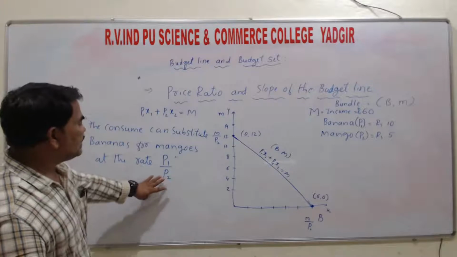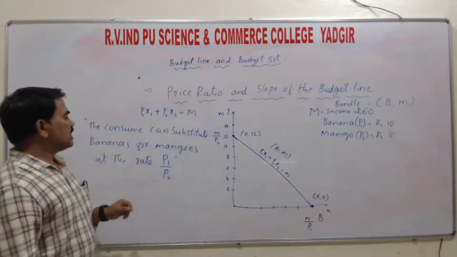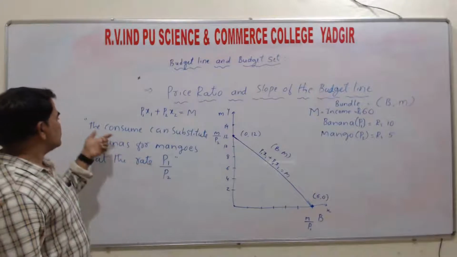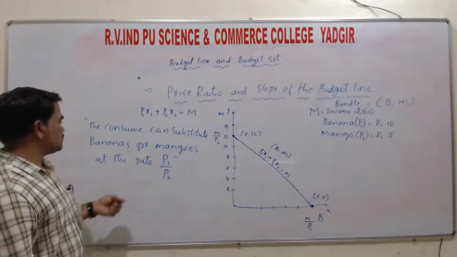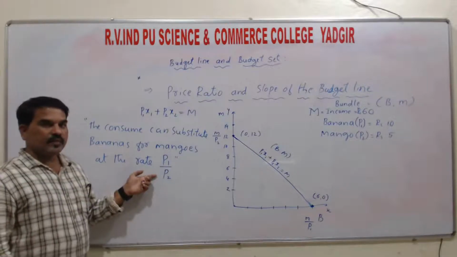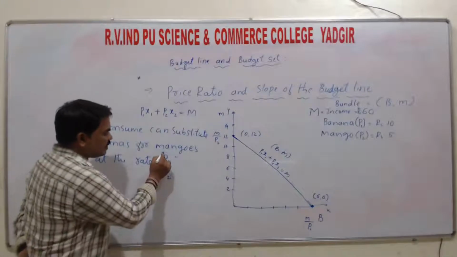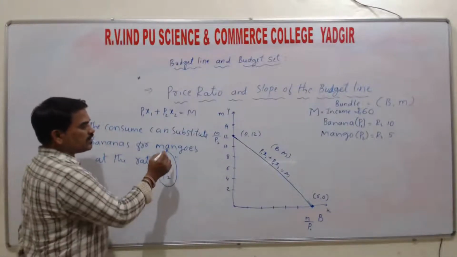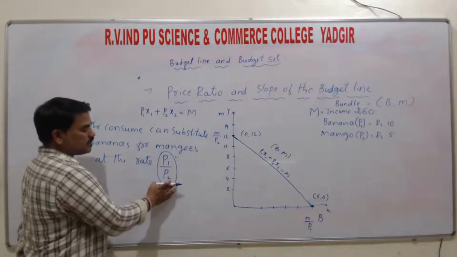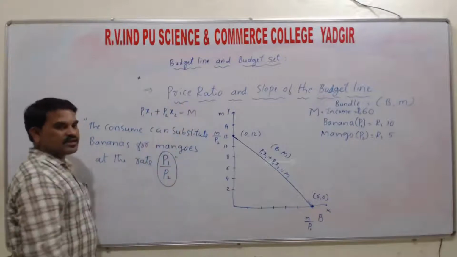So this is what we have discussed. What do you mean by price ratio? It is the ratio at which the consumer can substitute bananas for mangoes. This rate, the quantity, is defined using price, correct? So what is the quantity he needs to substitute? It is defined using the price. That's why we call it the price ratio.